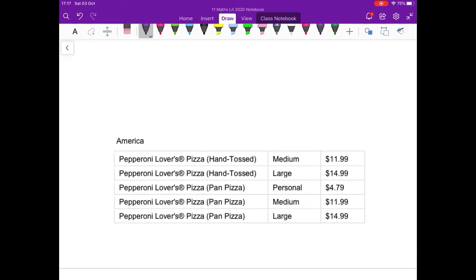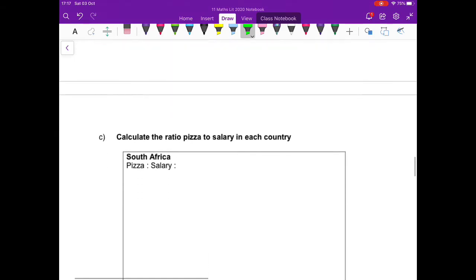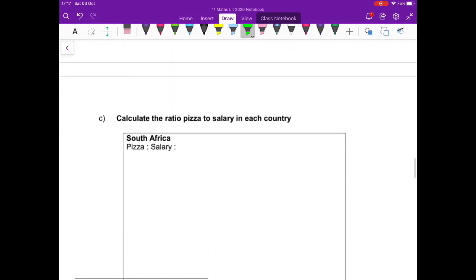In America, the large pepperoni pizza will cost you $14.99.